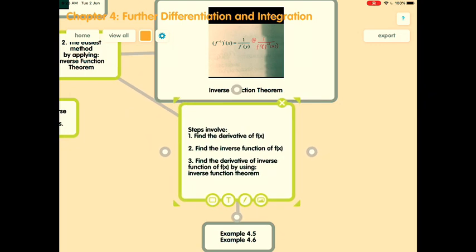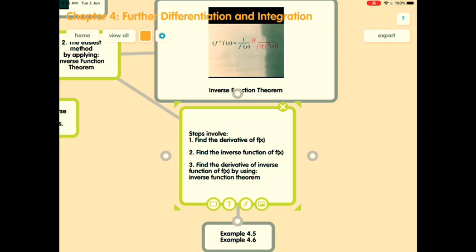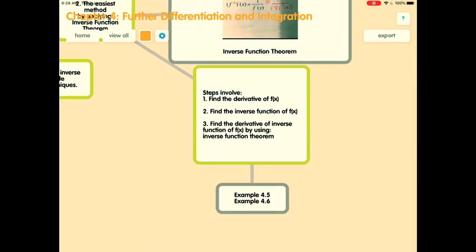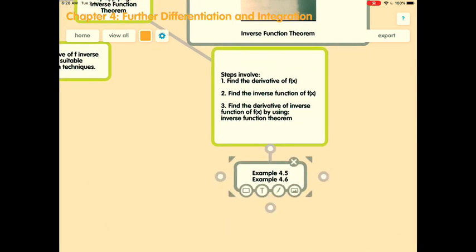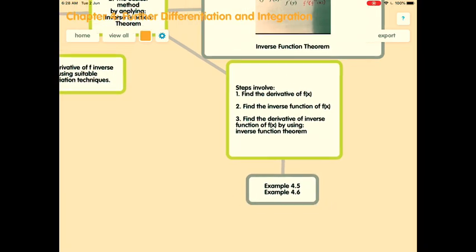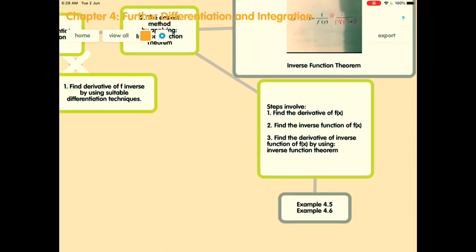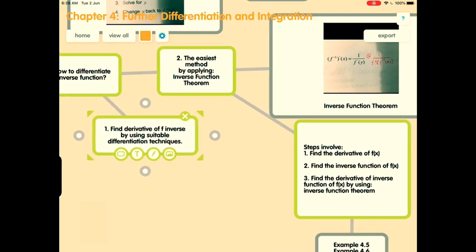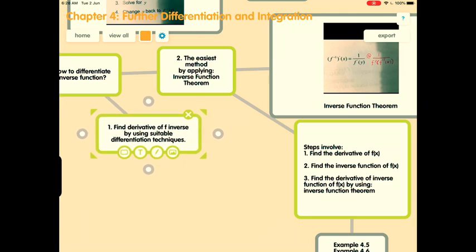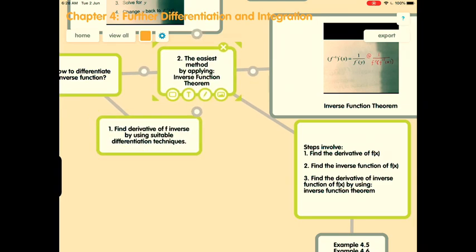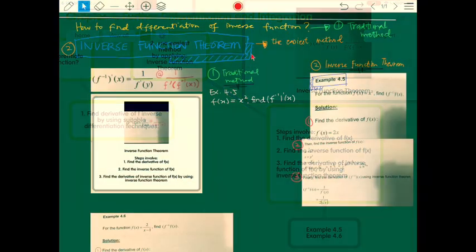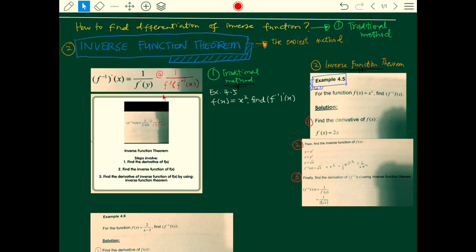And the third one, only then can you apply the inverse function theorem. How to do that? We're going to see example 4.5 and example 4.6. For example 4.5, I will explain how to obtain the answer using the traditional method and the easiest method, which is by using the inverse function theorem. So let's see some examples here.